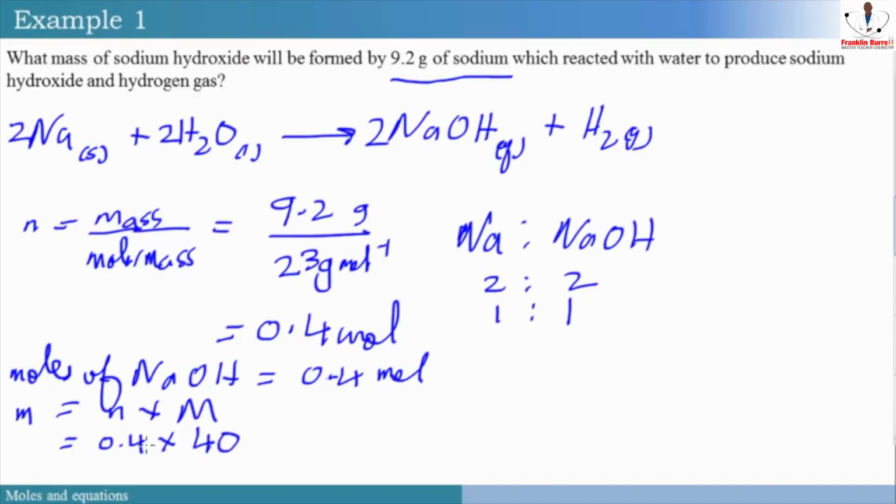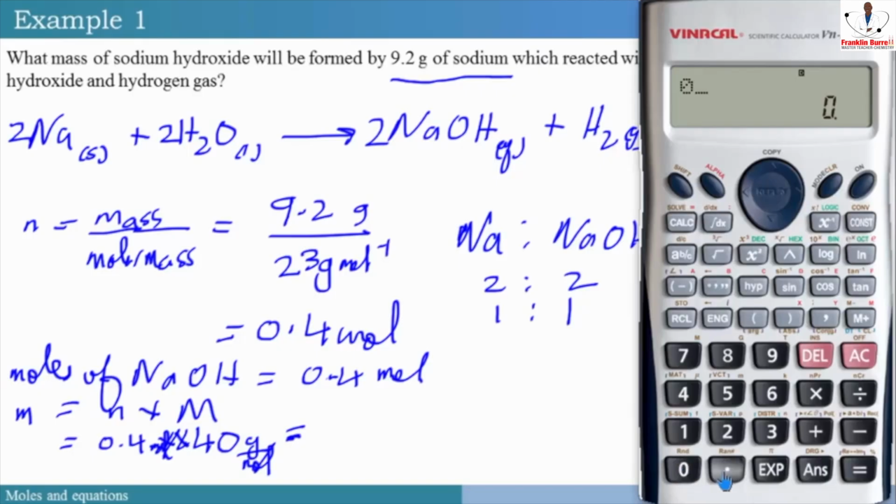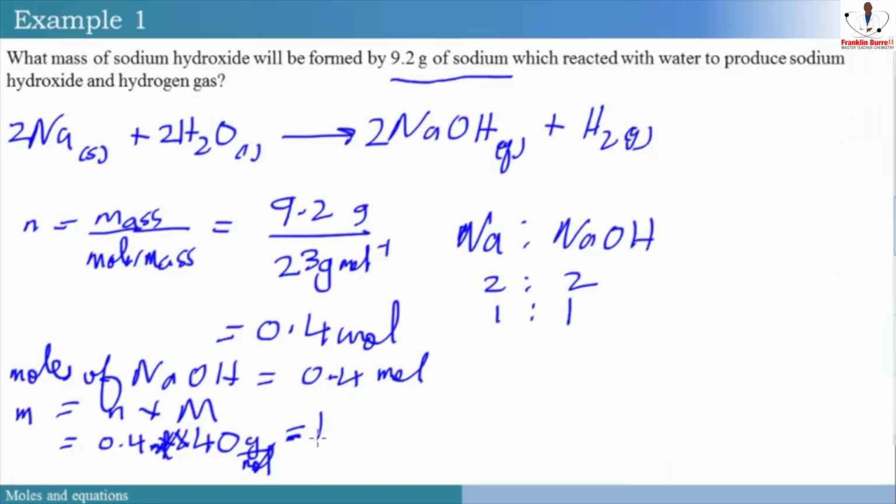So it is 0.4 mole times 40 grams per mole. Moles will cancel moles. And our answer here would now be 0.4 times 40 equals 16 grams.